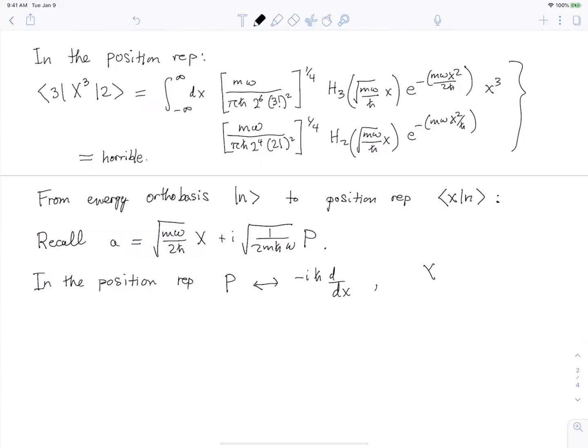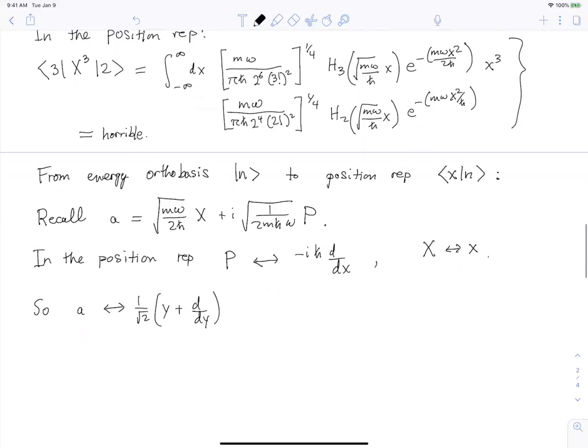And the operator x is just represented by the number x. And so the operator A is going to be represented by 1 over square root of 2 times (y plus d by dy). So this is the representation in the x basis, or in the x representation.